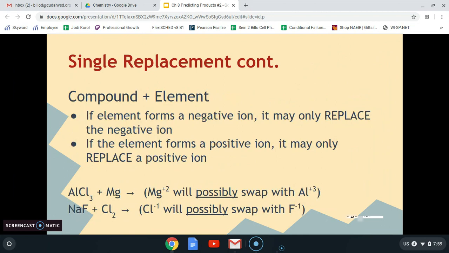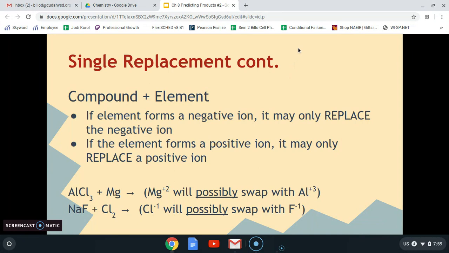Magnesium forms a +2 charge when it forms an ion. The only thing that it can trade places with would be aluminum. Notice their charges are not the same exactly, but they are of the same type. In the second example, chlorine forms a -1 ion, so it's going to have to swap with the fluorine, which is also a -1 ion.